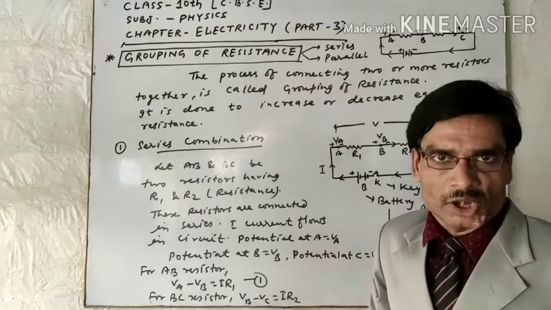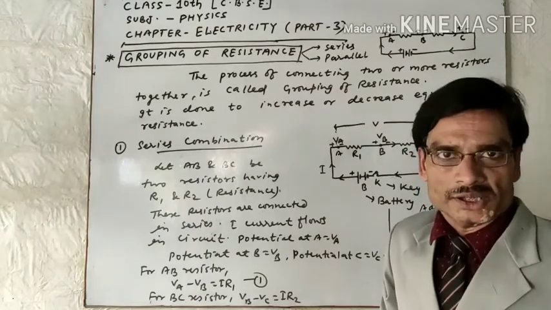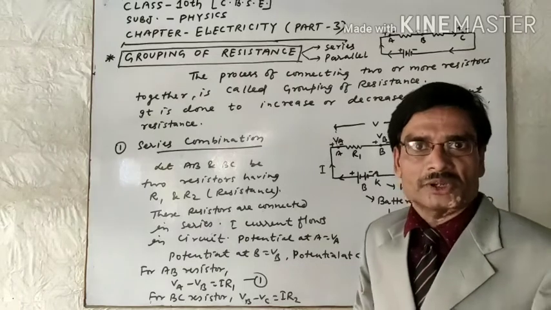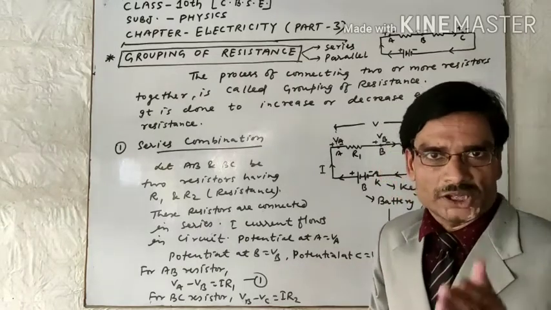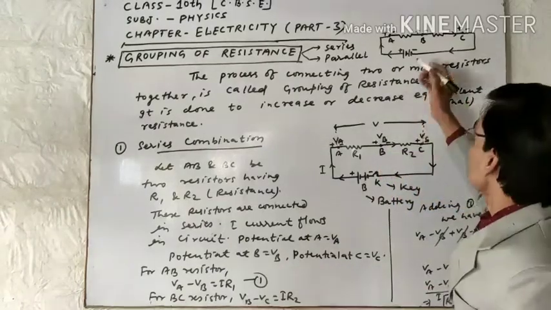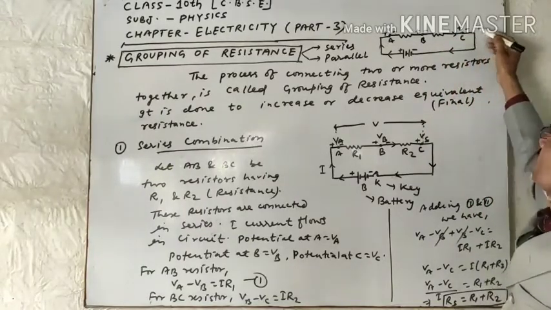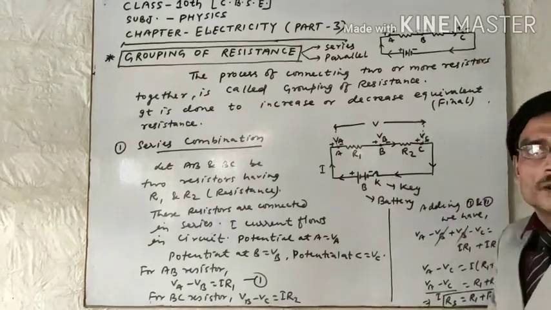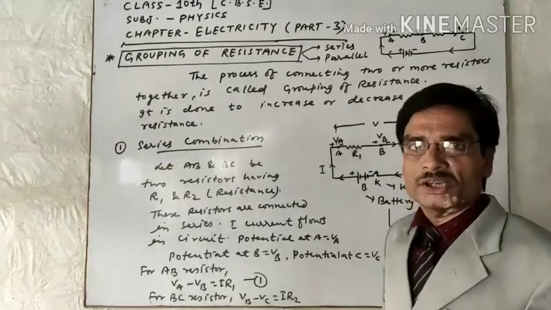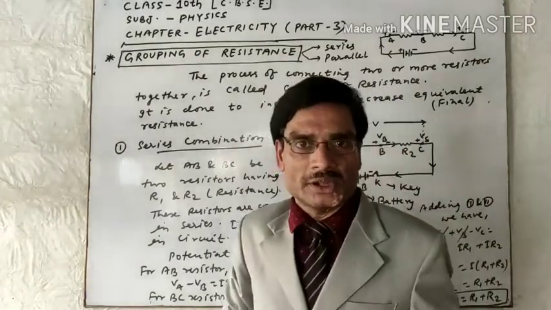If the positive end of one resistor is connected to the negative end of the second, and the positive end of the second resistor is connected to the negative end of the third, and so on, this type of combination of resistors is said to be series combination.